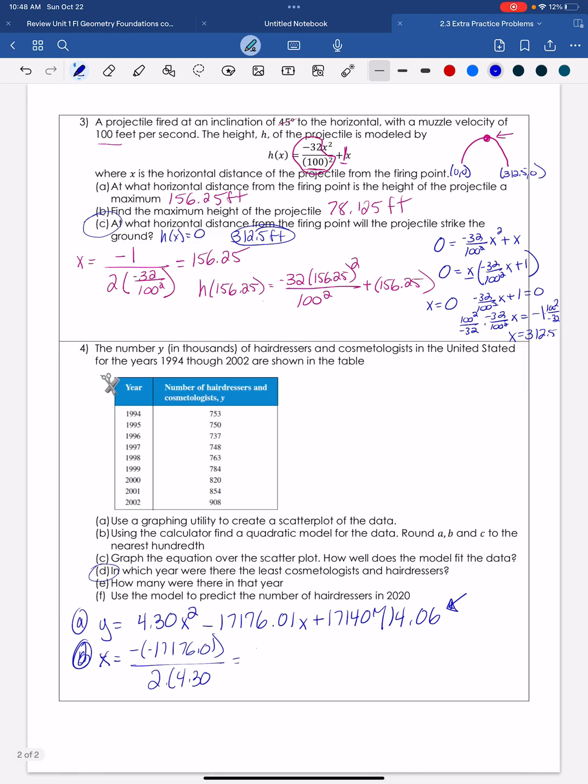And so I get 1997. And then how many were there in that year? So then we plug 1997 into 4.30 times 1997 squared minus 17176.01 times 1997 plus 171,407.14.06.